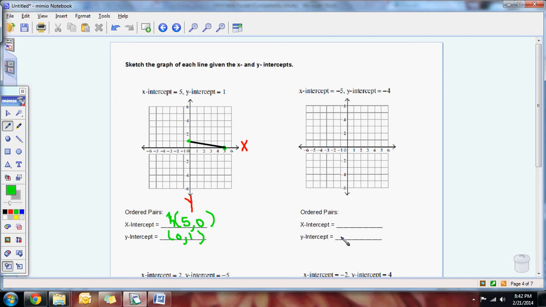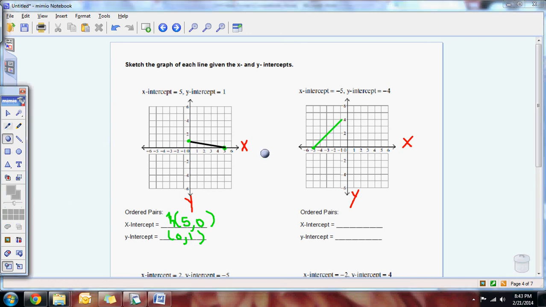Alright, let's look at this one, and then I'm going to have you guys do the next two on your own. So first thing I have to do is graph. So my x-intercept, again, here's my x-axis, and here's my y-axis. So my x-intercept is -5. Sorry about that. My y-intercept is going to be -4.